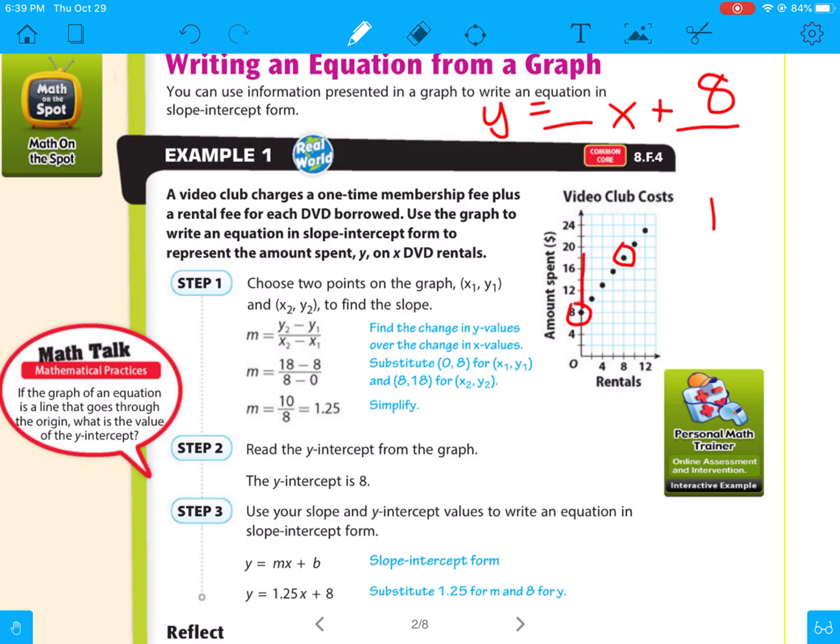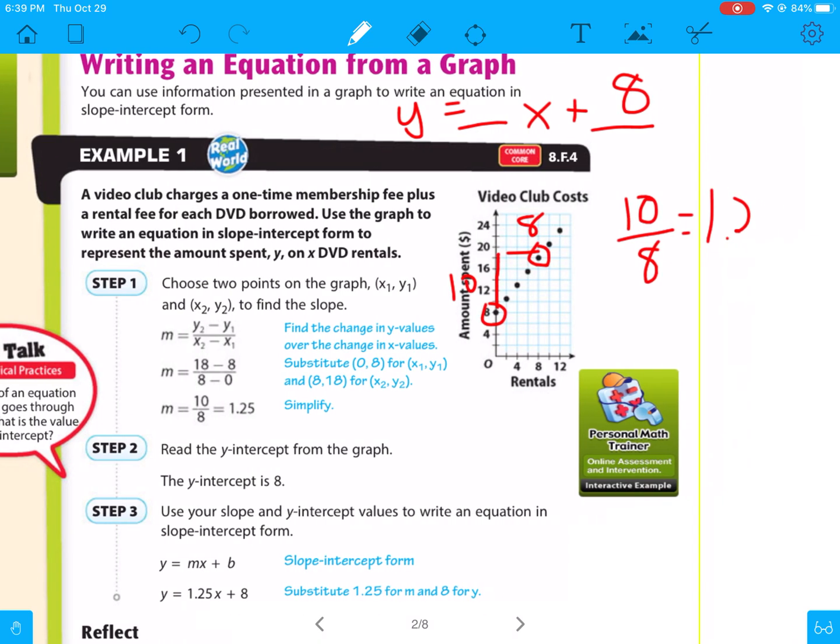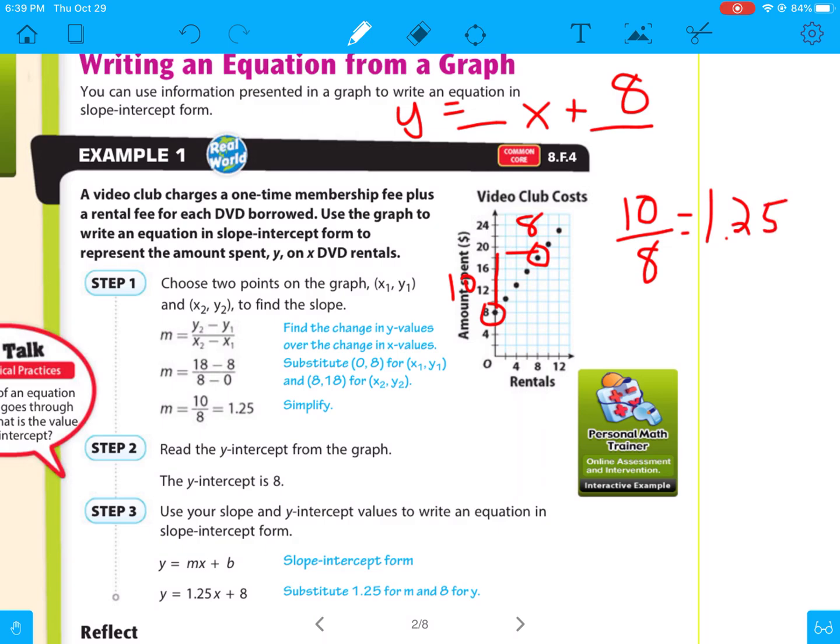So it's going to go up 10. And then to the right, it goes 2, 4, 6, 8. So it goes up 10 and to the right 8. 10 divided by 8 is 1.25. So your slope is 1.25.